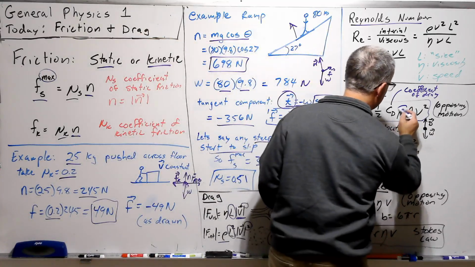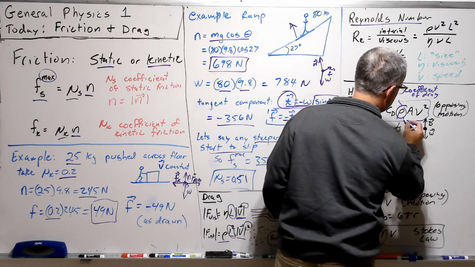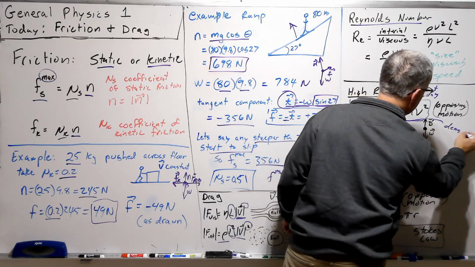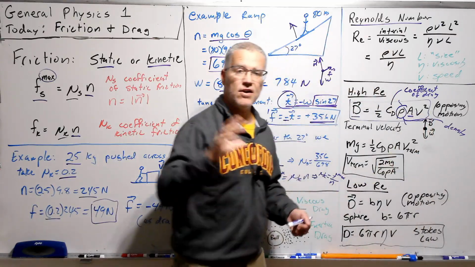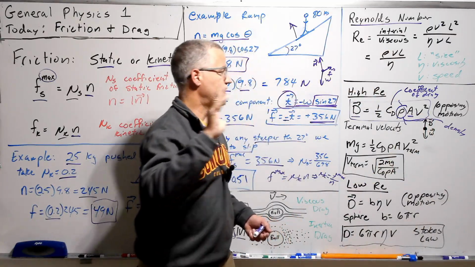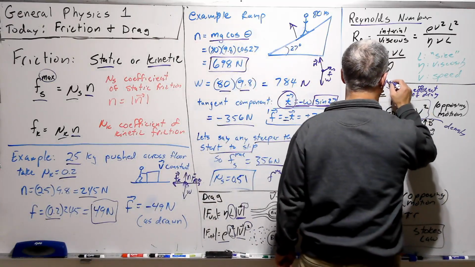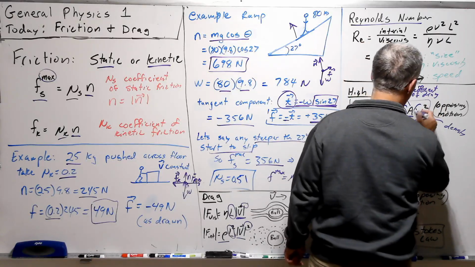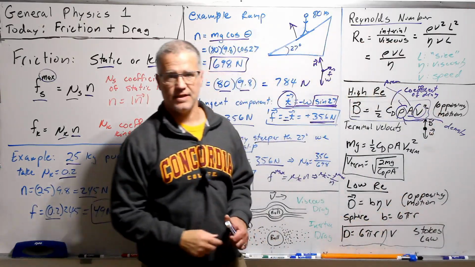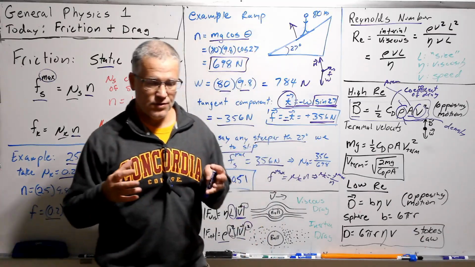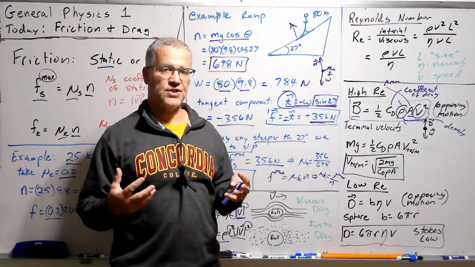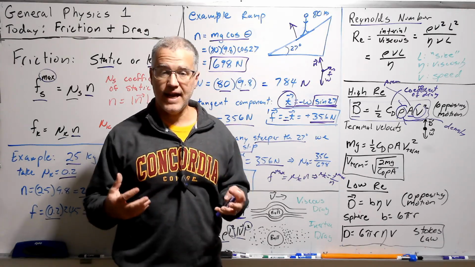This is density, and then this is the area of the object that's presenting itself to the fluid. And then finally, the velocity squared. I mentioned this occurs when we're moving through air.